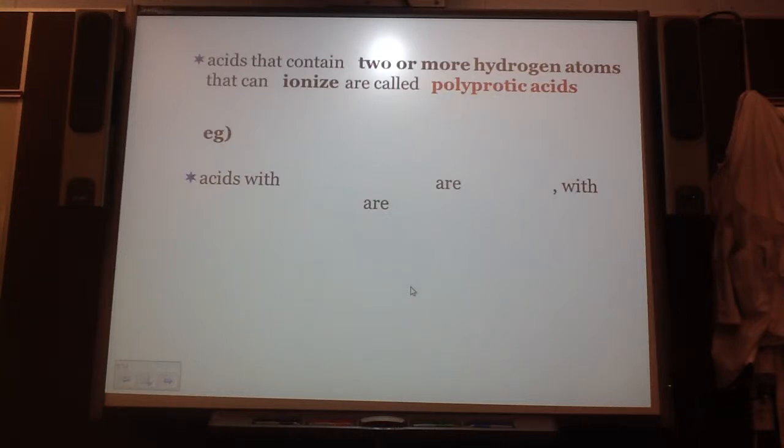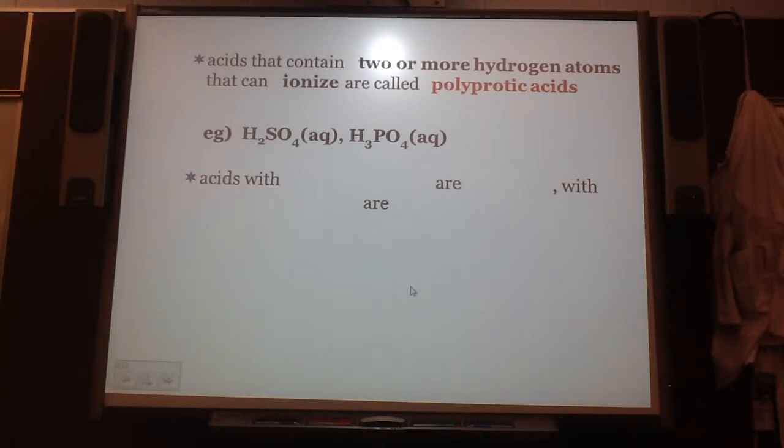Polyprotic acids. You guys are brilliant. We kind of did these ones a little bit. I told you a little bit about them. Like our H2SO4, H3PO4.